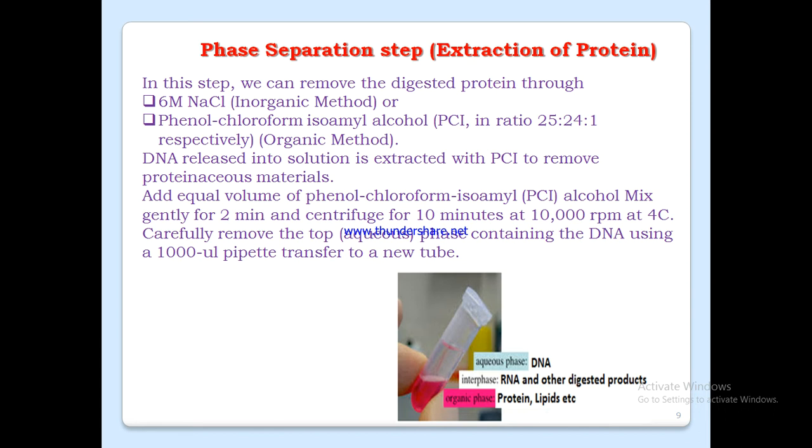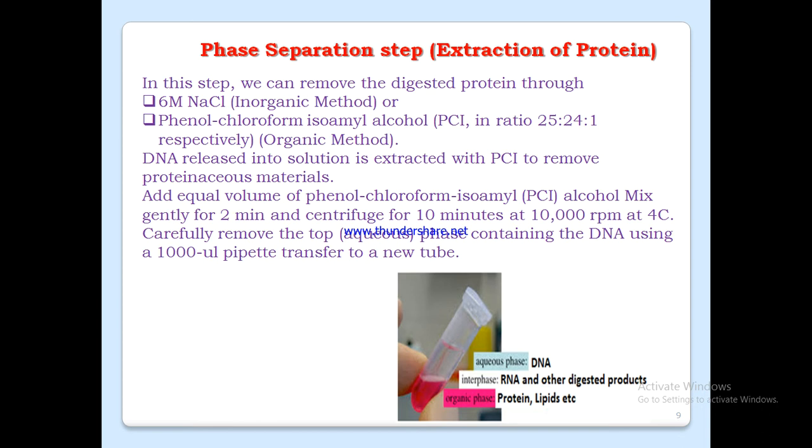Phase separation step. Extraction of protein. In this step, we can remove the digested protein through 6 M sodium chloride, the inorganic method, or phenol-chloroform isoamyl alcohol (PCI) in ratio 25:24:1 respectively, the organic method. DNA released into solution is extracted with PCI to remove proteinaceous materials.